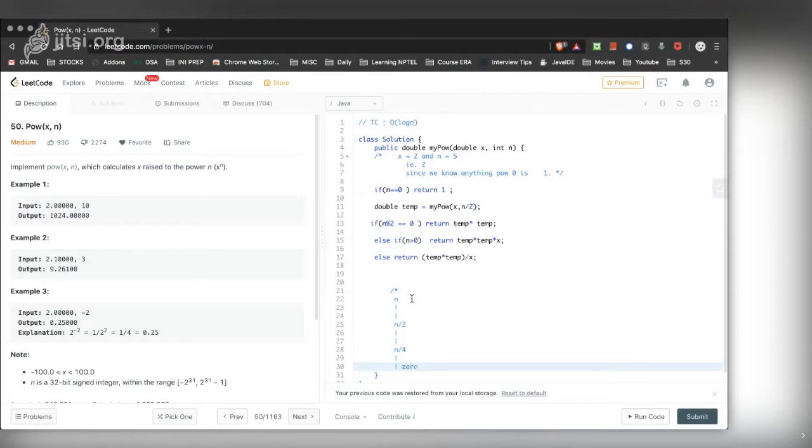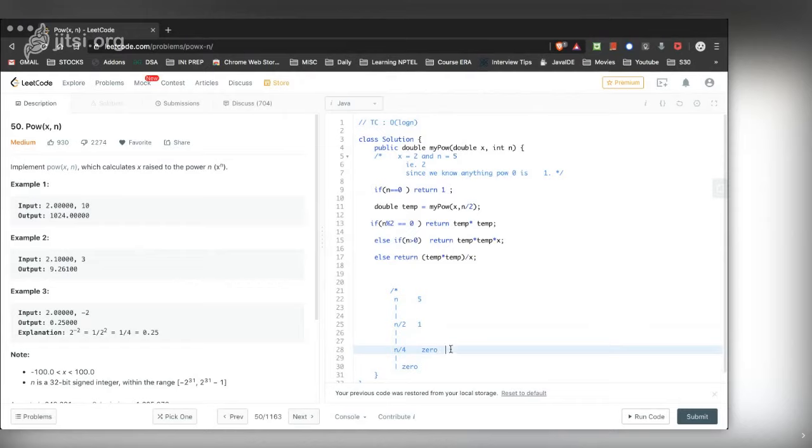So if you want to calculate the power of 5 here, first we calculate 5, next we calculate 2 by 2, which is 1 here, and 1 by 2 is again 0 here.